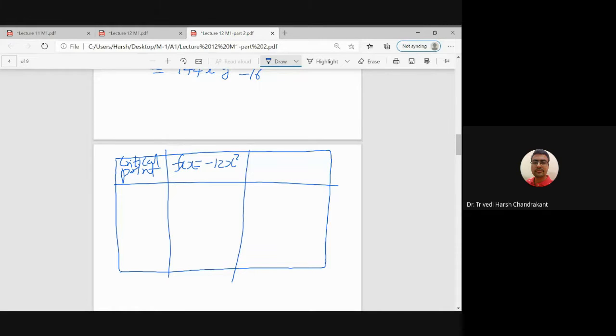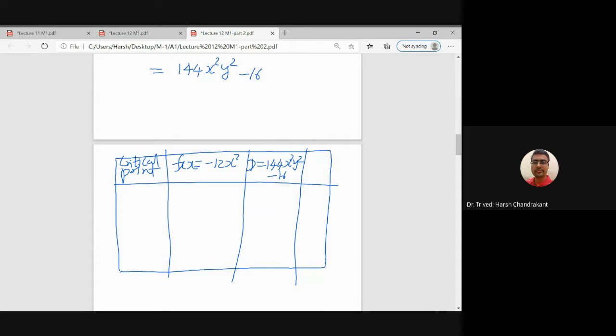We shall find the discriminant, which is 144 x square y square minus 16, and depending on the sign of D and fxx at each point, we will identify whether the point is maxima, minima or neither. So we'll conclude that.